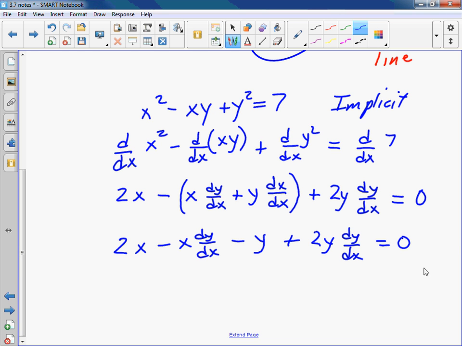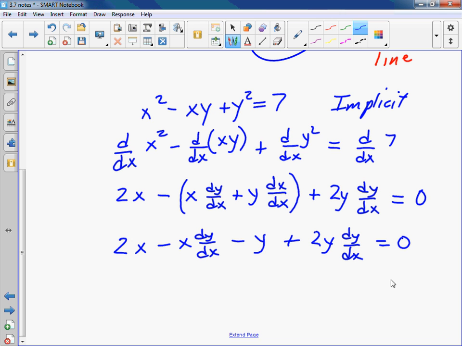Now notice that I have a dy dx term here and a dy dx term here, so that's good. I want to keep them together because my goal in the end is to get the derivative of y with respect to x. That will be the slope of the tangent line. So to begin with, then, I'm going to try to subtract out the 2x and add the y to remove them.